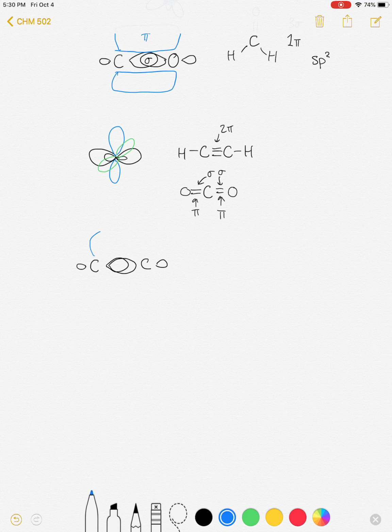And they have 1 pi bond that's coming from these 2 p orbitals from each of them, these blue ones that are going to be parallel. But there's also another dimension, right? They also have p orbitals that are going in this direction, that are unhybridized. And so together, we have 1 sigma bond and these 2 unhybridized p orbitals for 2 pi bonds, right? That gives us this triple bond that we saw above.